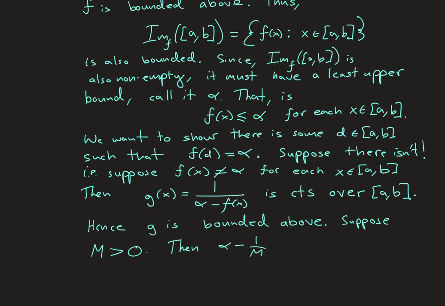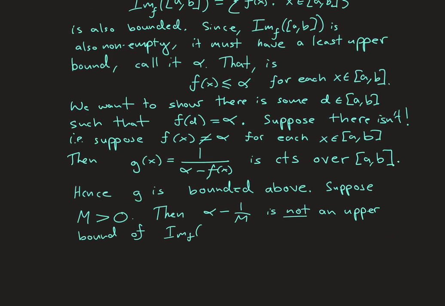And then by definition of alpha, I know that this number here is not an upper bound, right? Because this is less than alpha. Not an upper bound of the image of f. But what does that mean?